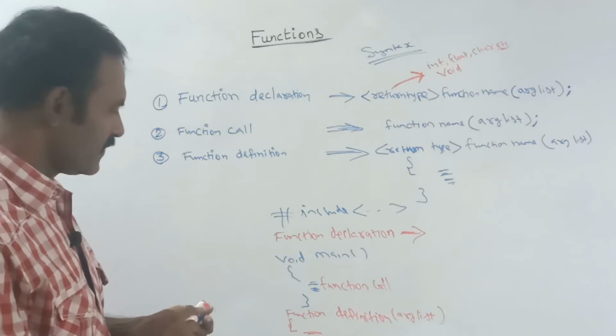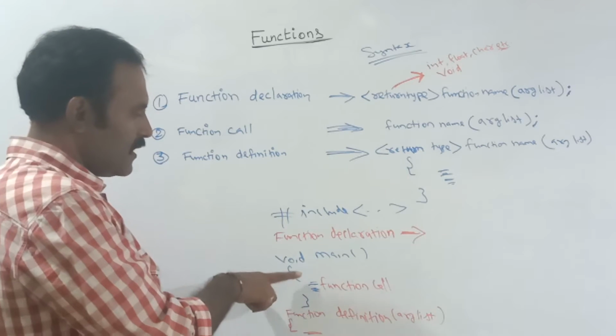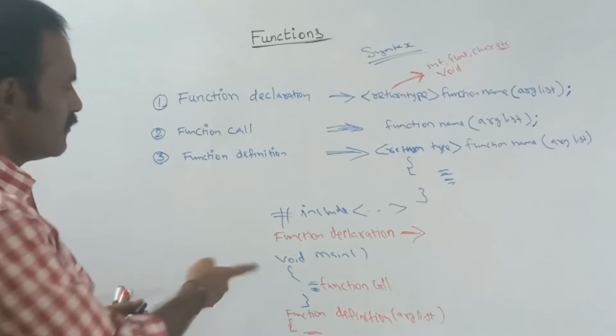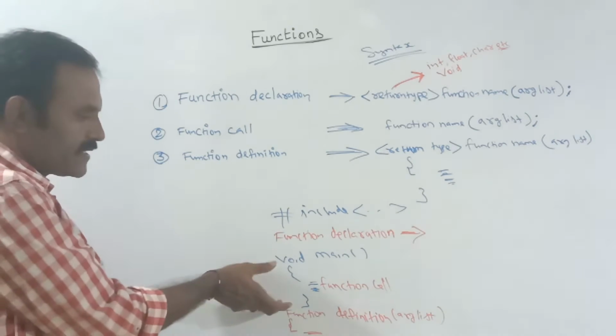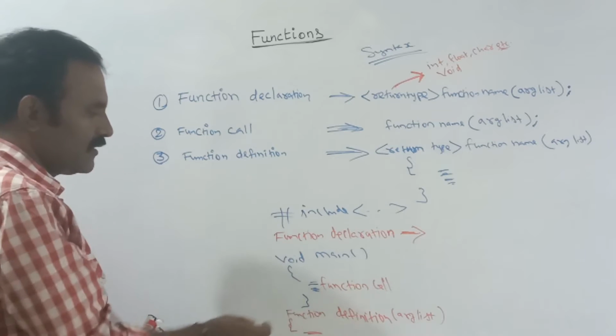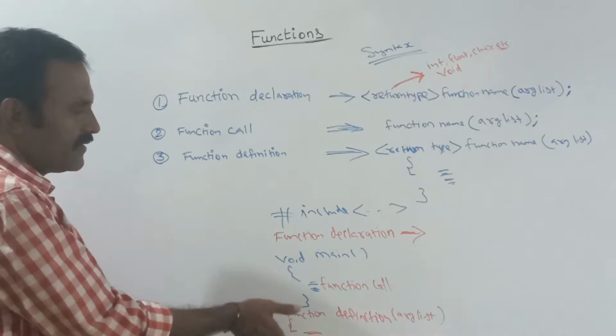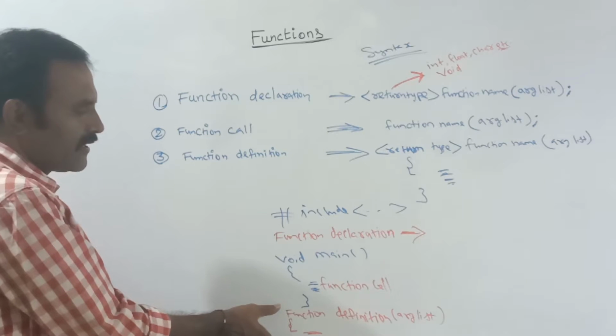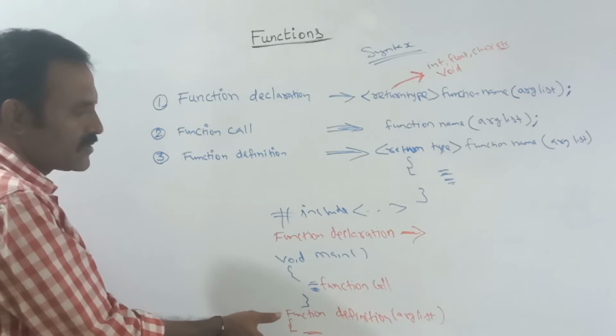So the function definition comes after the main part. Before the main, the function declaration; inside main, the function call; and after the main function, we define our user defined function.